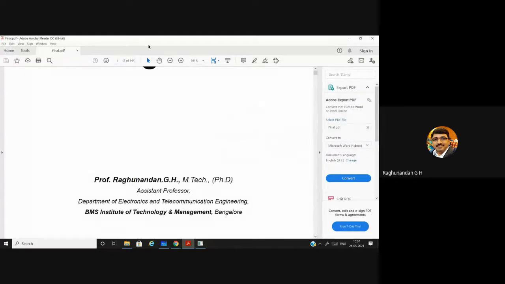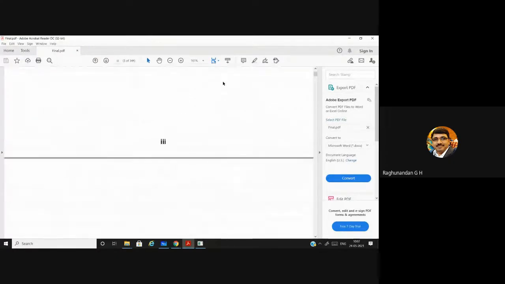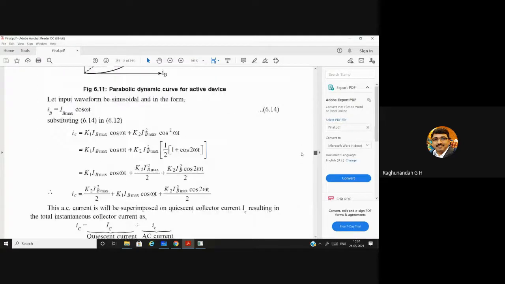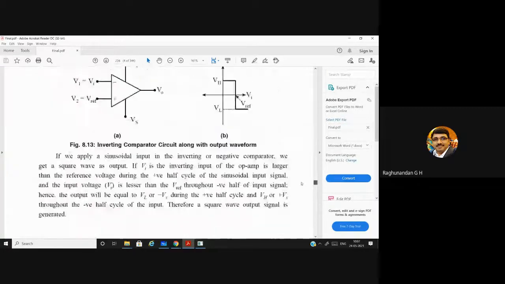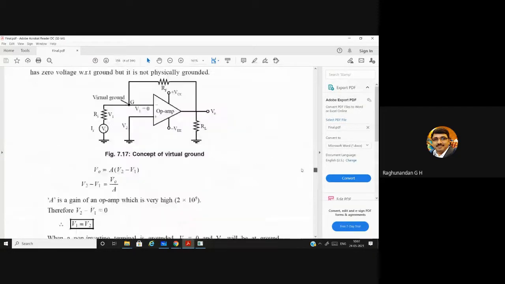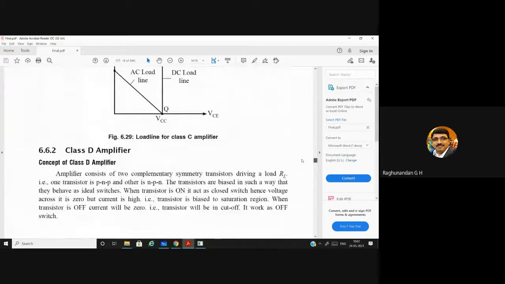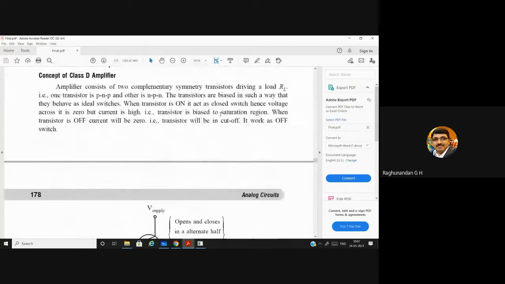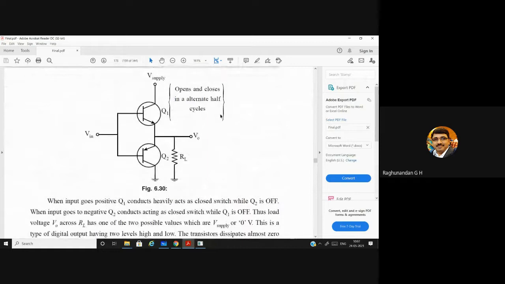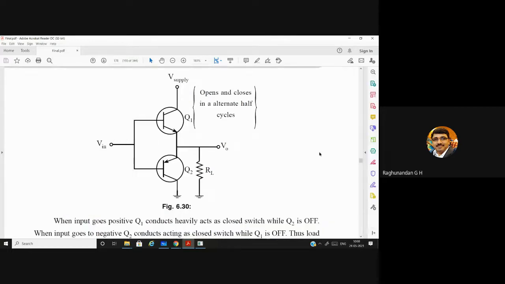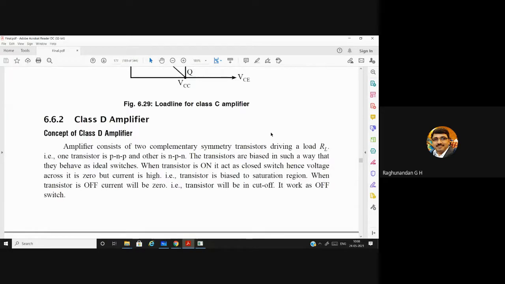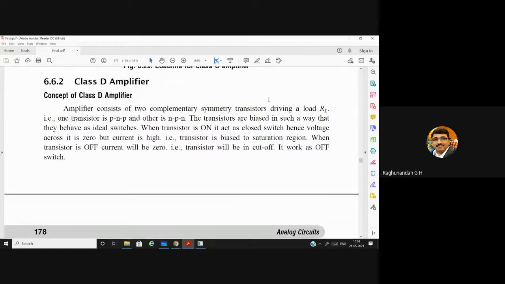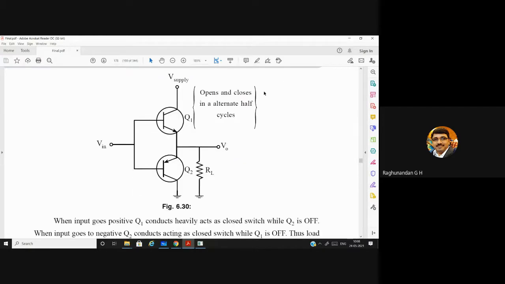So next is the class D. For the class D amplifier, this is what we call the digital amplifier, because it is going to give the maximum efficiency when compared with any of the other classes.